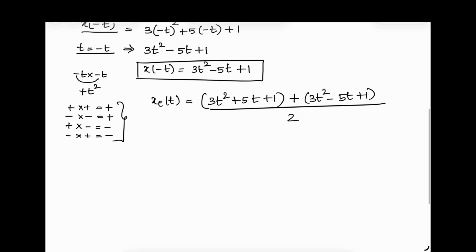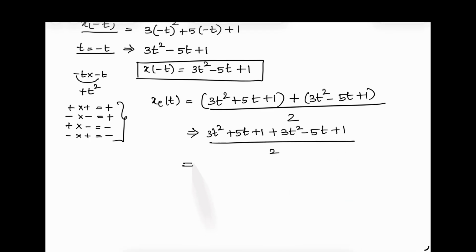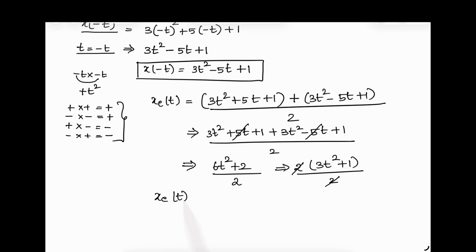Just simplify. 3t square plus 5t plus 1 plus 3t square minus 5t plus 1, divided by 2. Plus 5t minus 5t gets cancelled. This in turn becomes 6t square plus 2 divided by 2. I can take 2 common out, so this becomes 3t square plus 1 divided by 2. If I cancel out, finally I get x even of t is equal to 3t square plus 1. So this gives the answer for x even of t.